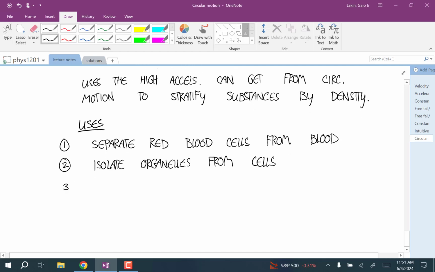And the third is for DNA samples, you need to get a certain fraction of your test sample to be DNA for it to be useful. Well, you can use centrifuges to concentrate DNA in your sample.